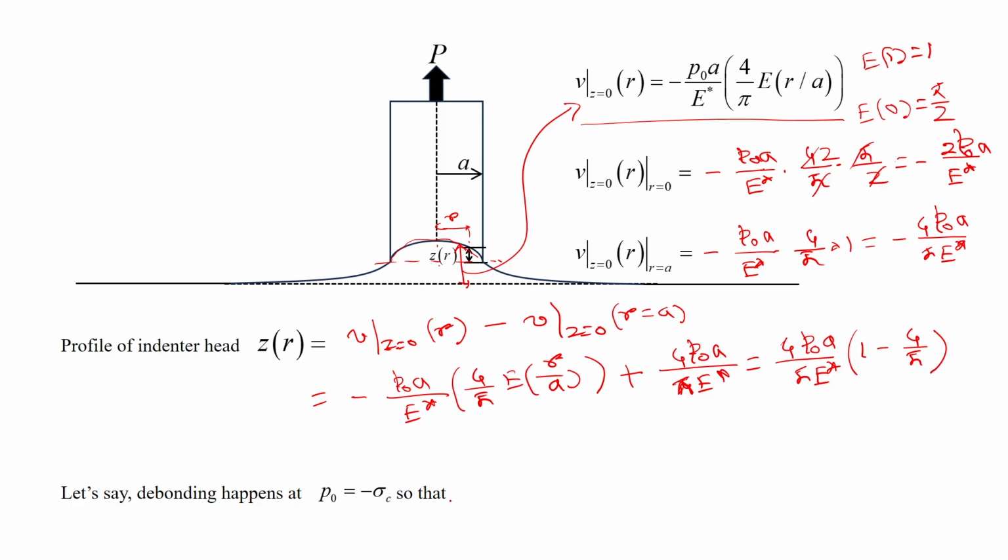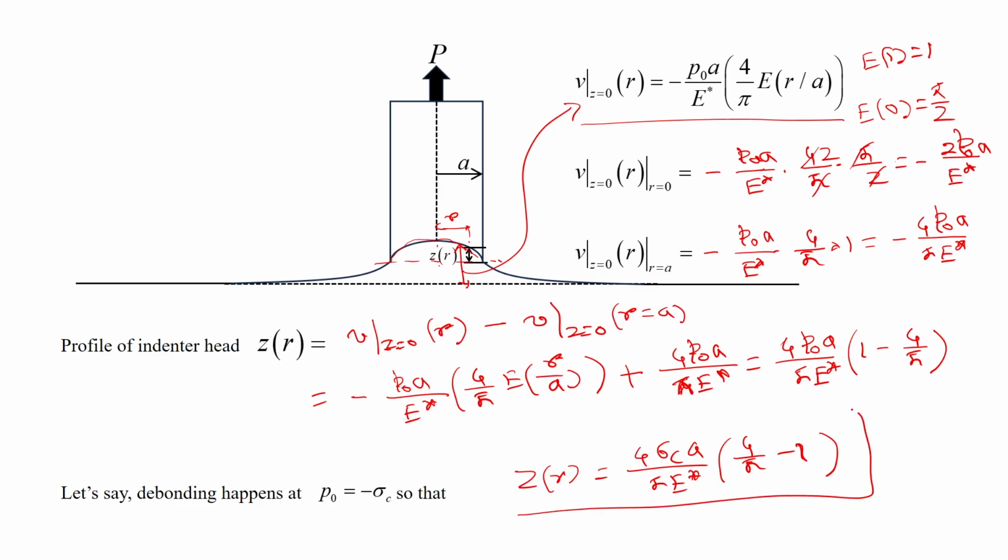The debonding occurs when P0 is equal to minus sigma c. Therefore z of r, with P0 equal to minus sigma c, is sigma c into a by pi E star, times 4 by pi minus 1, written as E of r by a minus 1.